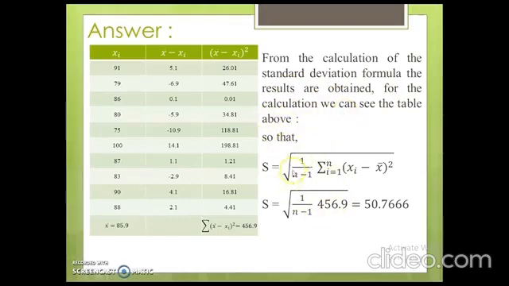So s is equal to square root of 1 divided by n minus 1 sigma xi minus x bar squared. Counting n: 1, 2, 3, 4, 5, 6, 7, 8, 9, 10, so n is 10, minus 1, which gives 6.9.